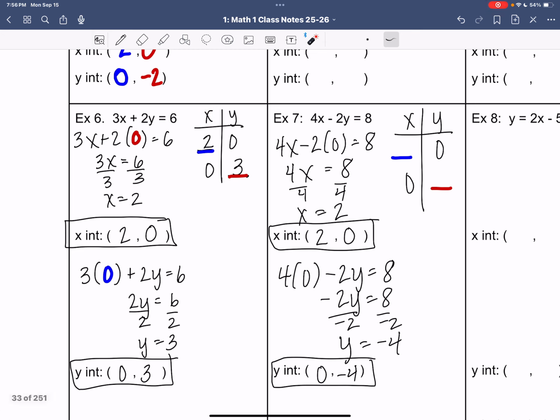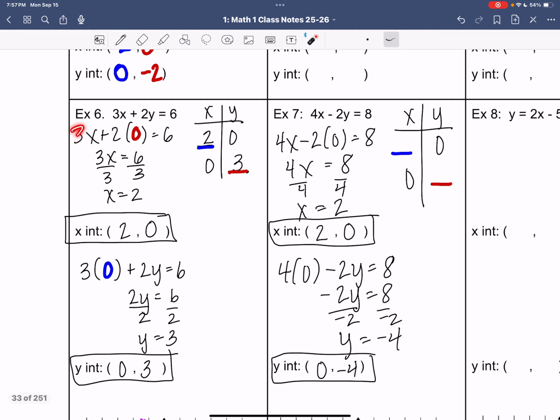I know if I'm going to look for my x, I'm just going to make the other number 0. So I wrote my equation, but instead of y, I'm going to make that y a 0. So I'm going to get 3x plus 2 times 0 equals 6. And then you'll end up getting 3x equals 6, divide by 3, and x equals 2.